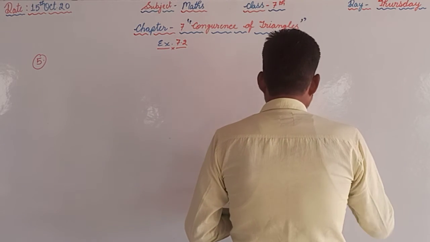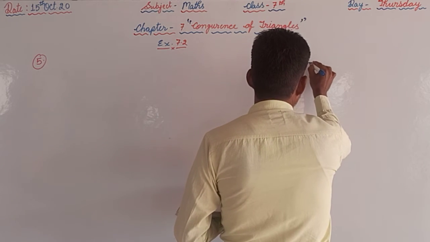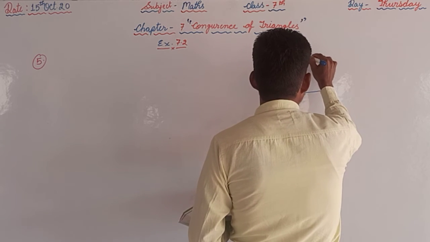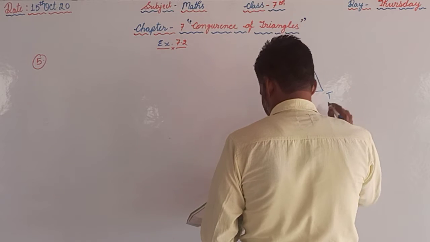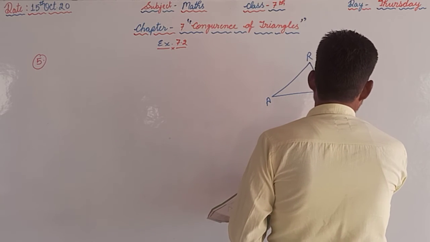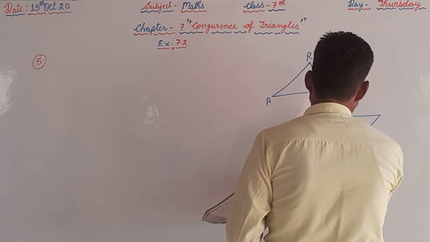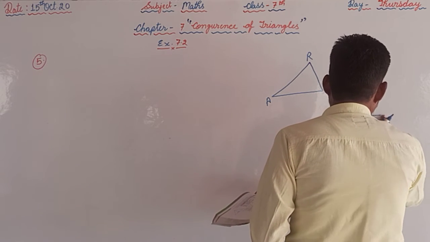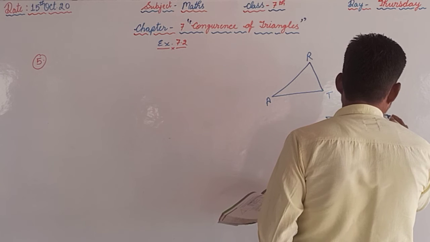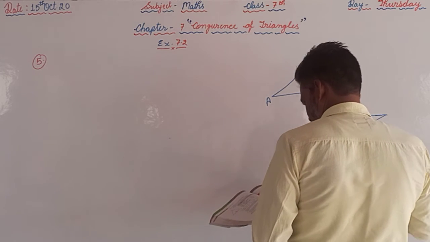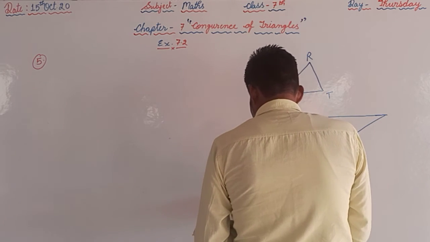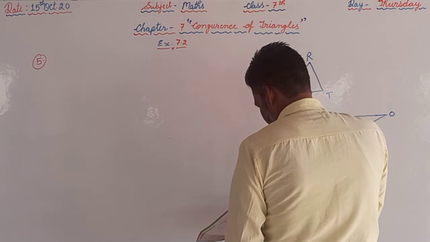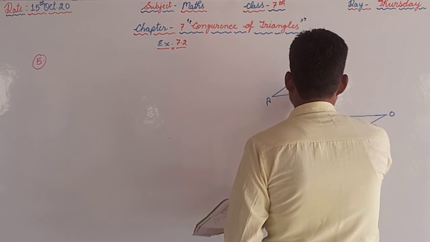One figure is a triangle like that, and the name is RAT, and the second figure is given like this. The name is ONW, and the corresponding sides have been marked.